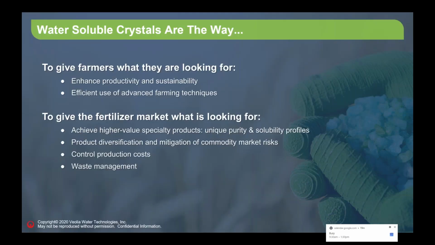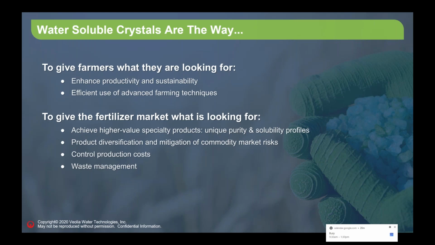So to summarize, today we wanted to show you the power of crystallization and how water-soluble crystals are the way to give farmers what they are looking for. Farmers want to boost productivity in a sustainable way and at the same time use advanced farming techniques efficiently. But water-soluble crystals also allow fertilizer producers to find what they are looking for, which is advanced fertilizers, high value specialty fertilizers with unique purity and solubility profiles.